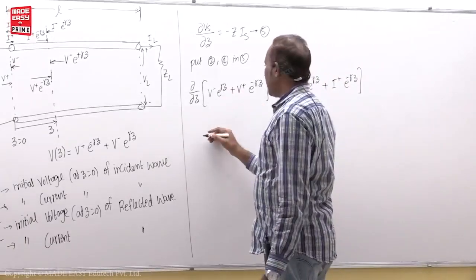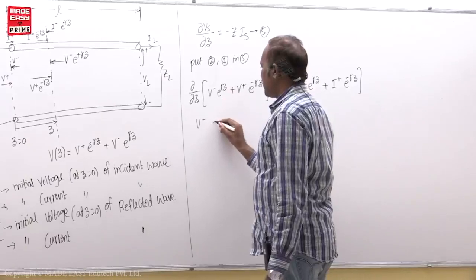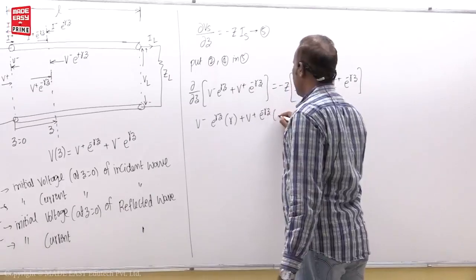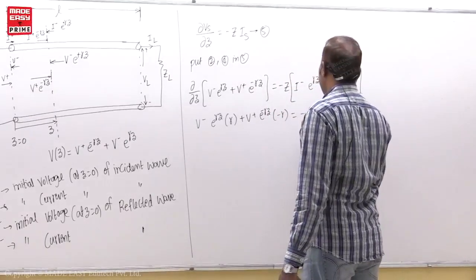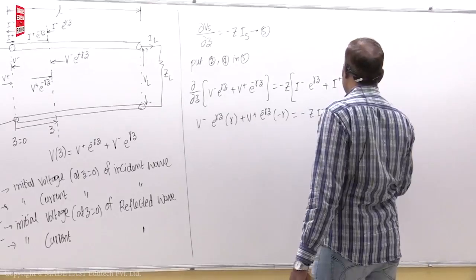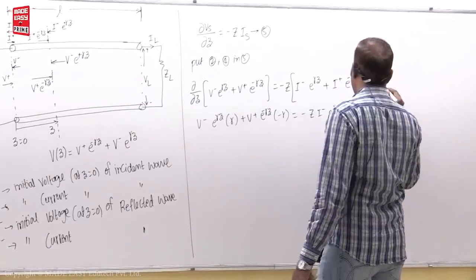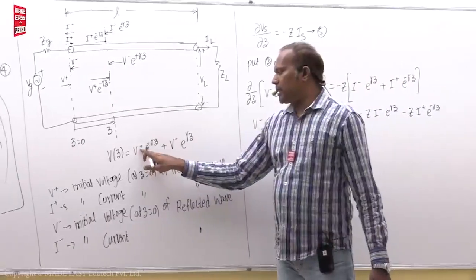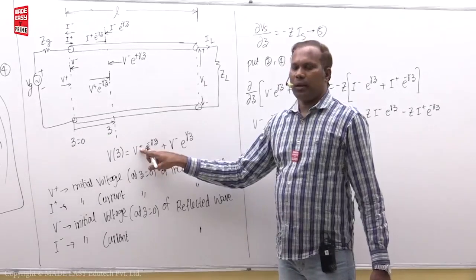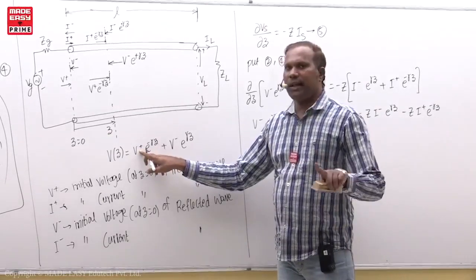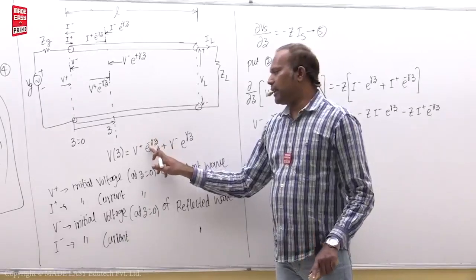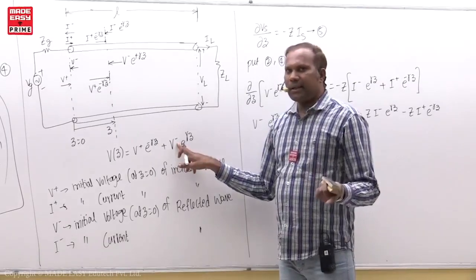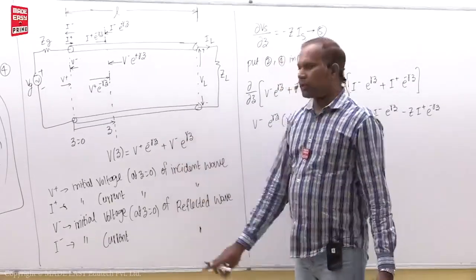If you differentiate, V minus d by dz of e power gamma z gives e power gamma z into gamma, plus V plus e power minus gamma z into minus gamma. So minus Z I minus e power gamma z minus Z I plus e power minus gamma z. You can remember it in this way. Here plus means the wave traveling in the positive z direction, the initial value of the wave traveling in positive z direction, so minus gamma should be there in the exponential. Similarly, V minus means the initial voltage of the wave traveling in the minus z direction, so the opposite sign, plus, should be there.